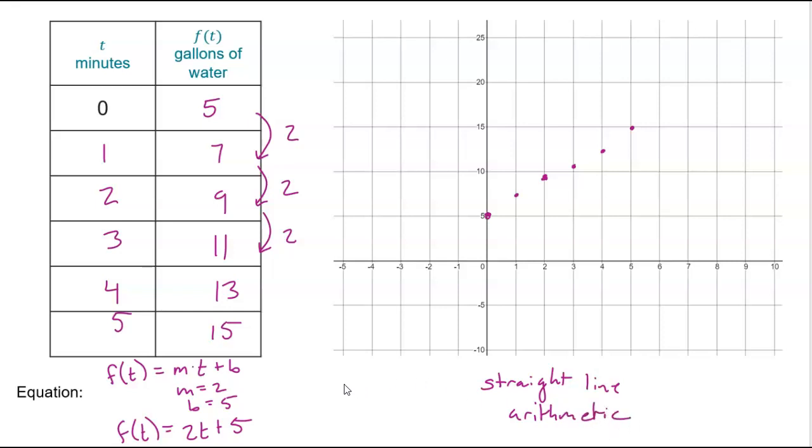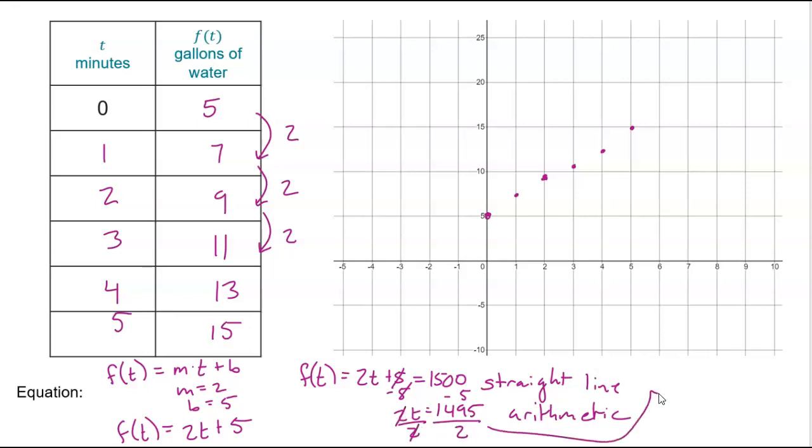If we wanted to answer that question, how long this pool is going to take to fill, we can set this equation equal to the total number of gallons in the pool and then solve it. Subtract 5 from each side, we get 2t equals 1495. Divide both sides by 2.